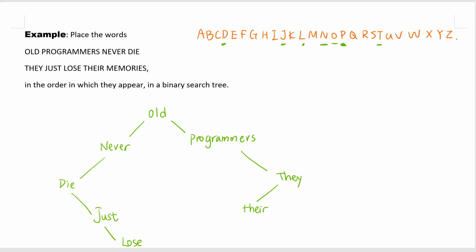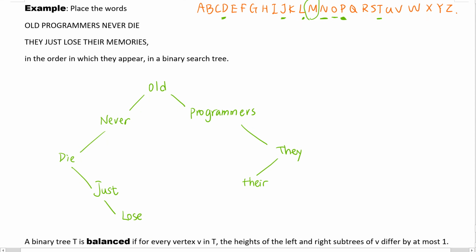Yeah, we go down the list and then find a spot to insert the words. Memories. M is right here. So M is on the left of old, and then on the left of N, and then on the right of D, on the right of J, on the right of L. So that's going to be the right child of loose.